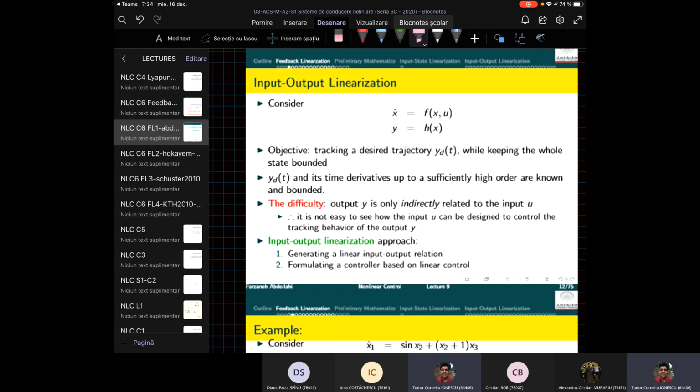Probably we have to discuss something about the desired output and the state. I'm sharing the secret now: the coordinate transformation is going to be built by computing some specific derivatives. They are called Lie derivatives. You have met them before when we were doing Lyapunov functions.